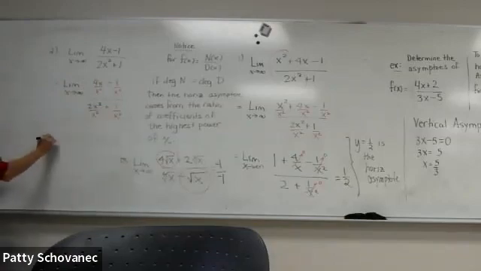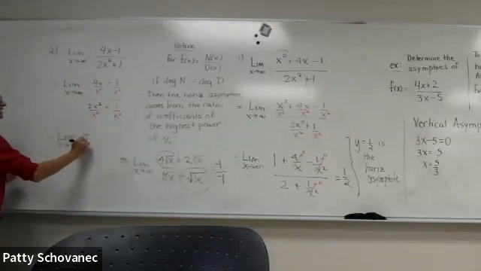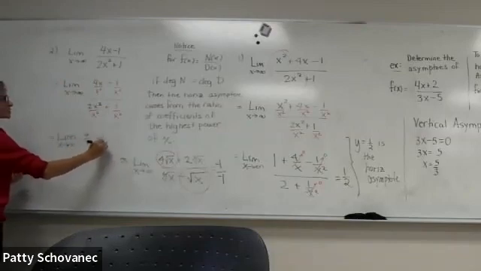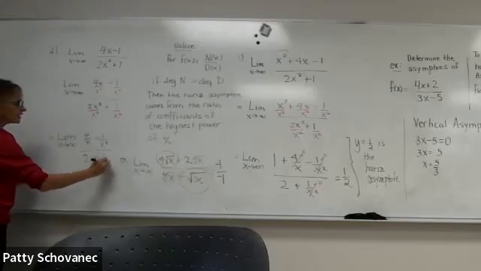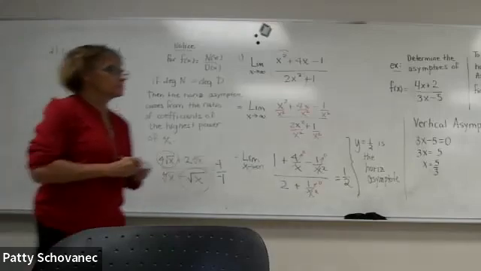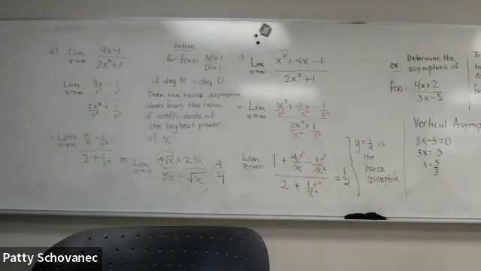When I simplify here, I'm going to get a 4 over x minus a 1 over x squared. This will simplify to 2 plus 1 over x squared. So I'm trying to put terms that look like something over x to a power, because I know when x is big, those go to 0.